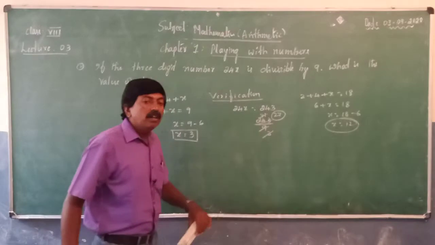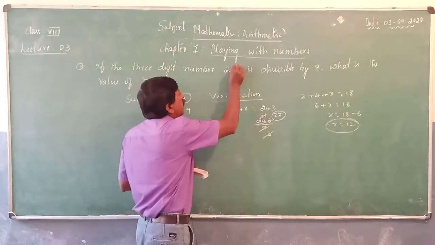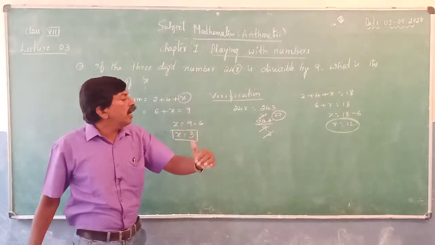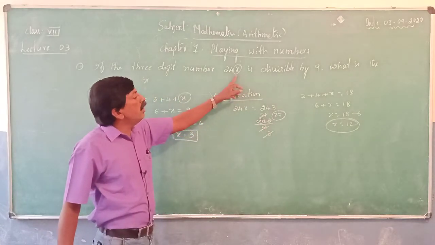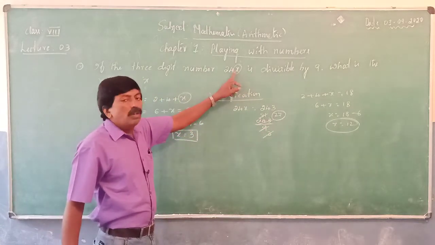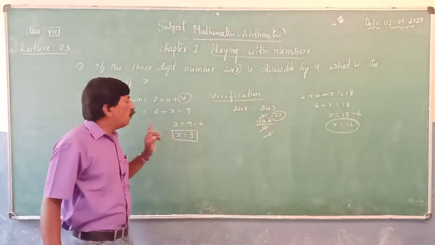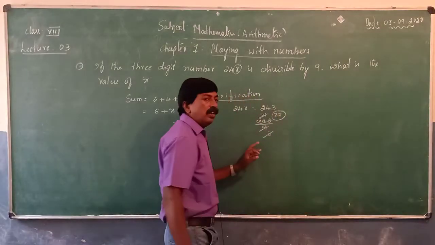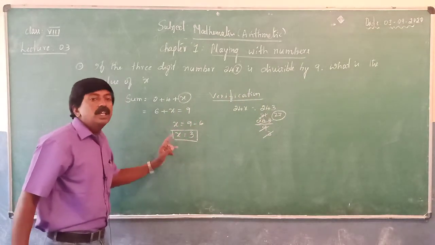Now that is wrong, because x is in the unit place, so it is only one digit, and it lies between 0 to 9. Therefore, the value of x in this problem is 3.